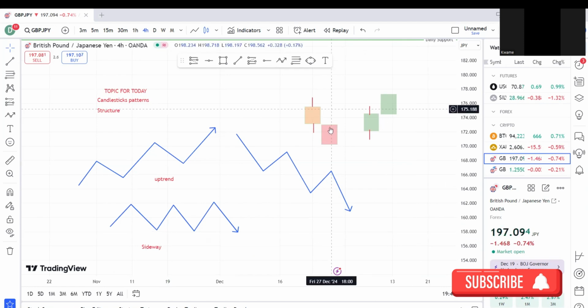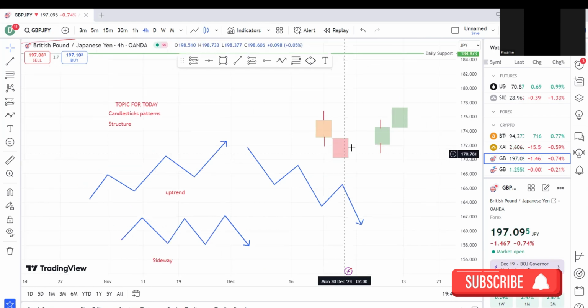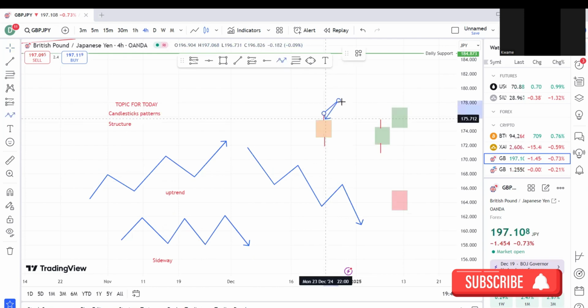So, for instance, let me take this one and put it aside. This top, like a line, is called a wick.